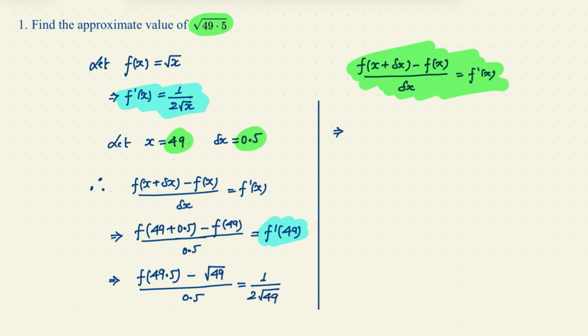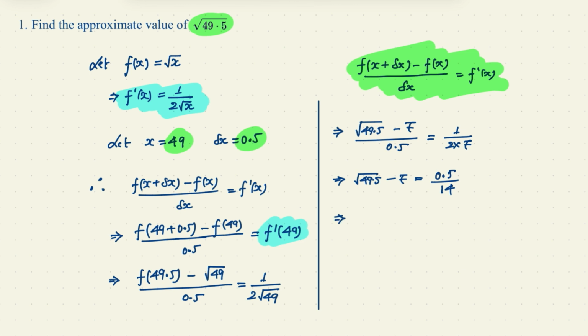Therefore this implies, so now again f of 49.5 is square root of 49.5 minus, and we know that the square root of 49 is 7, whole divided by 0.5 equals 1 by 2 into square root of 49, which is 7. So now let us cross multiply, then we will have square root of 49.5, of which we have to find the value, minus 7 equals 0.5 over 14.